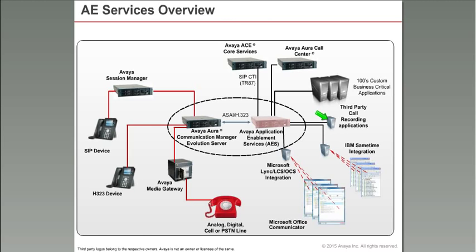So it's acting as a big translator here, from SIP CTI, as carried, we call that TR87 when it's transported by SIP, into the ASAI H323 messaging for CM to understand.